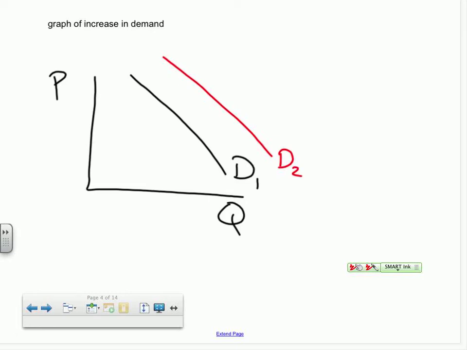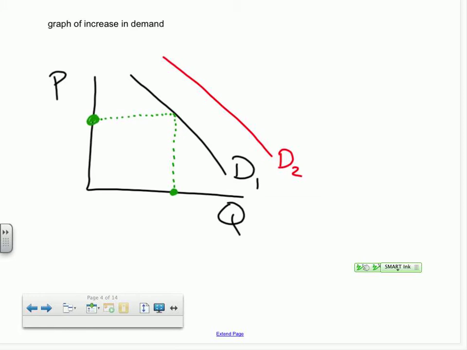Try to make the 2 lines parallel to each other as best you can, but of course it doesn't need to be perfect. All right, pick a price, any price. And then you draw a line horizontally over to your D1. Once it hits the D1, then you draw your line vertically down till you get to the quantity.